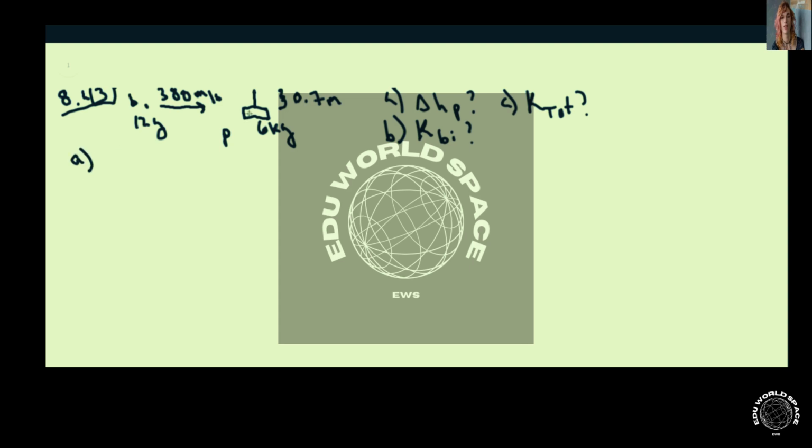So, like I just said, if we want to use the conservation of energy to figure out how high the pendulum goes, then we need to know what its kinetic energy is, and in order to do that, we need its speed, for which we can use the conservation of momentum.